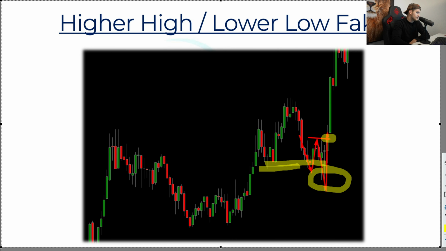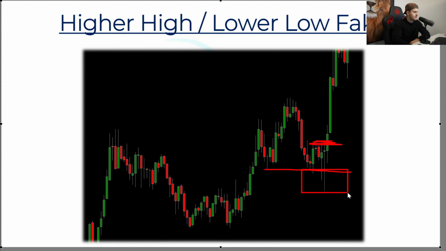But the most common way to trade the higher high and lower low fake would be to position yourself over this top, over this swing here, and to put your stop. One stop could be positioned here, because if we trap the retail traders, this price in most cases would be defended, so the market won't go down here again.